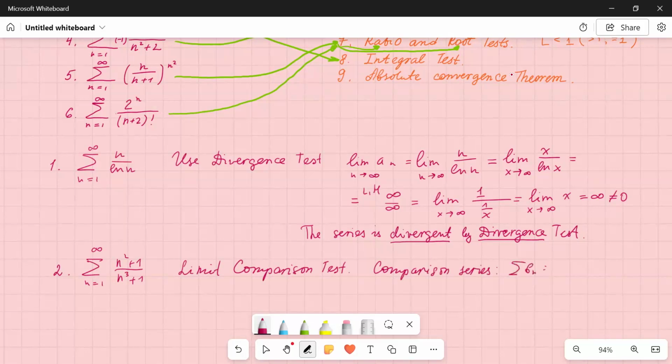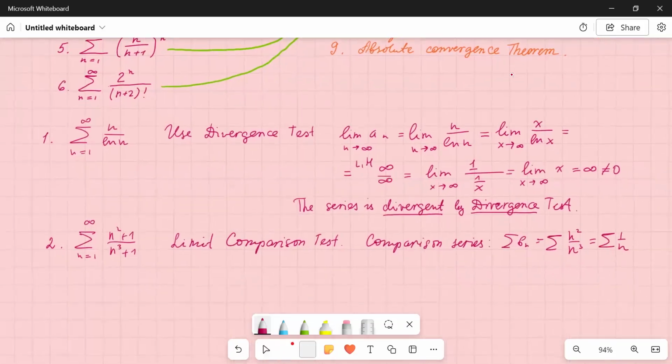Series of bn, and you can simplify numerator and denominator, keeping the greatest power. And you see n square over n cube, which is going to be equal just 1 over n. Guys, that's where we have harmonic. You don't need to prove that harmonic is divergent. Everyone knows this. Harmonic divergent.